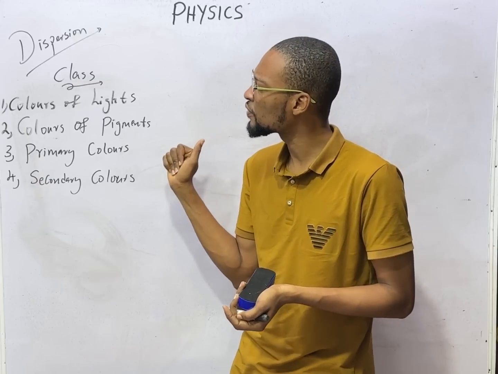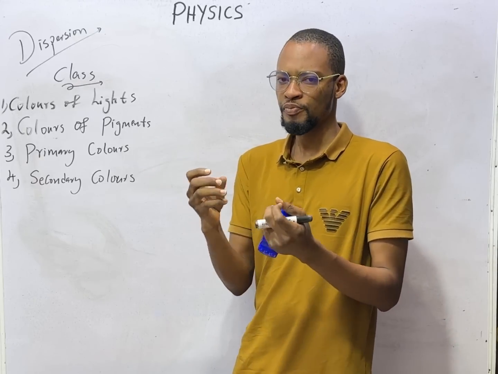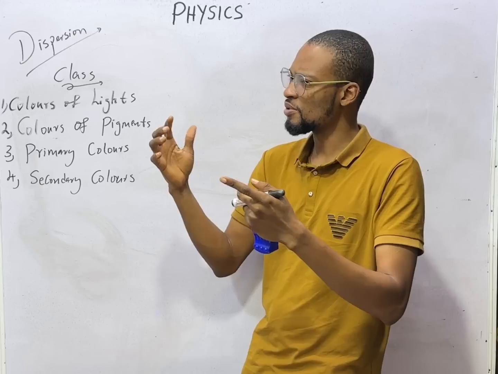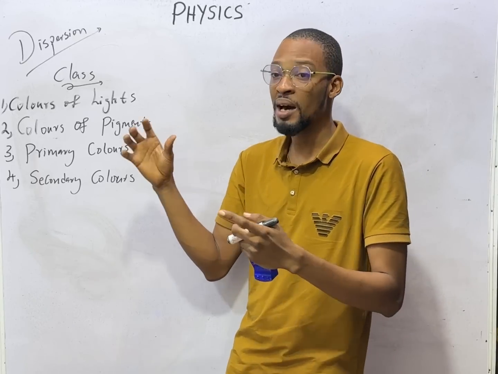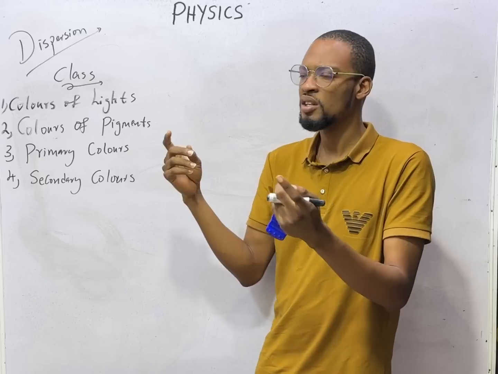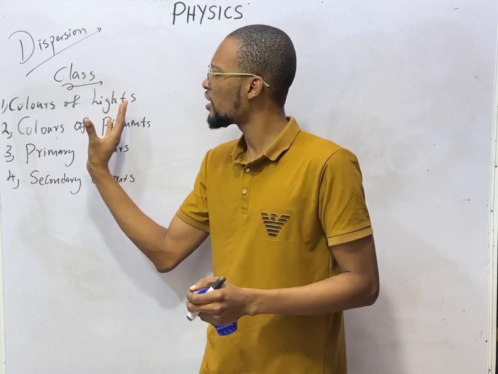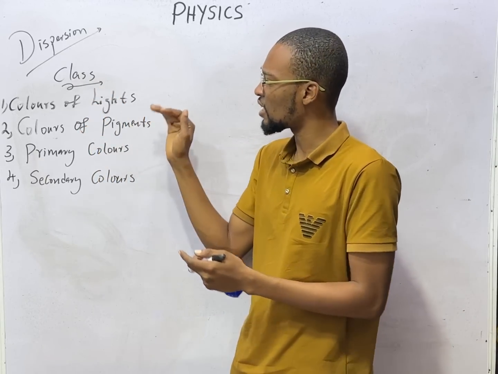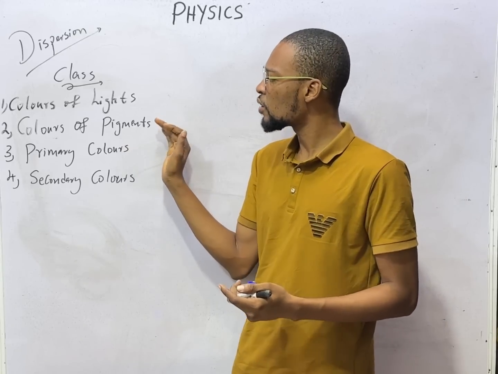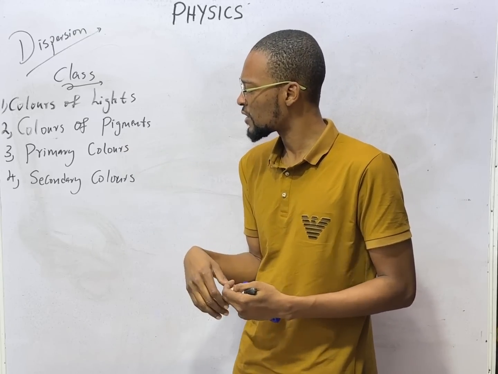These colors are not from light. If you see the petals of flowers, the colors they produce are pigments. So they are colors of pigments or colors of paint. So these colors that are reflected or colors from light are colors of light. Colors other than from light are colors of pigments.